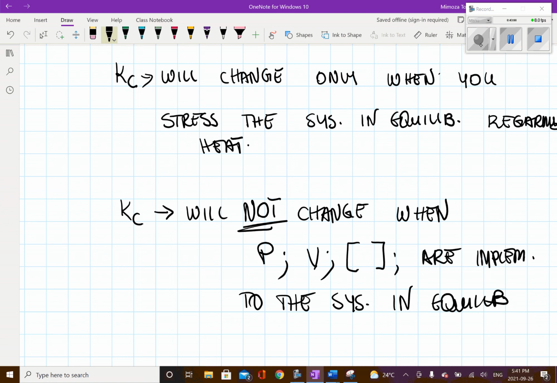Even a catalyst can speed up the process, but it has no effect on the equilibrium constant or on the equilibrium concentration of the reacting species.